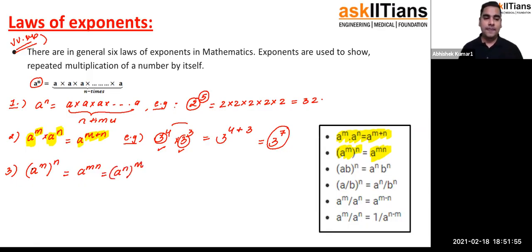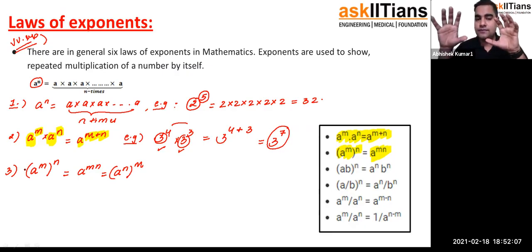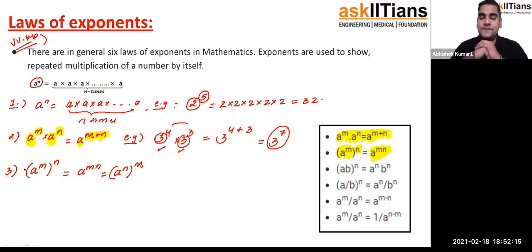So basically, if a is raised to the power m, and whatever answer you get is raised to the power n, then that is same as a raised to the power m multiplied by n, which can further be written as a raised to the power n, that is further raised to the power m. In all the three cases, the answer which you are going to get is always going to remain exactly same.